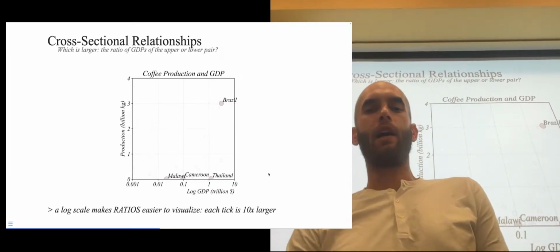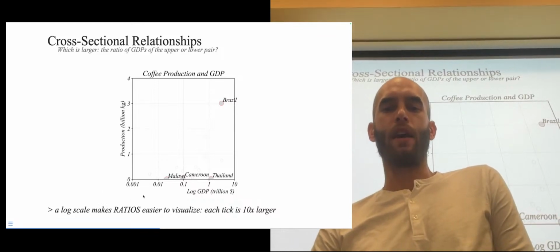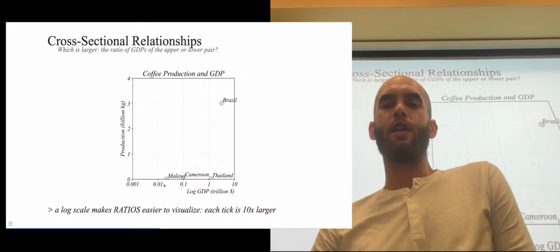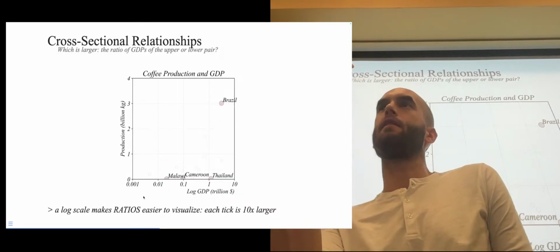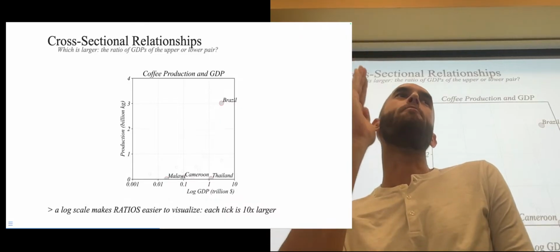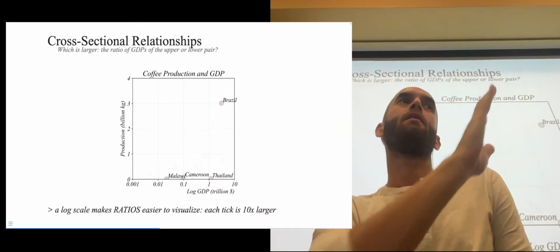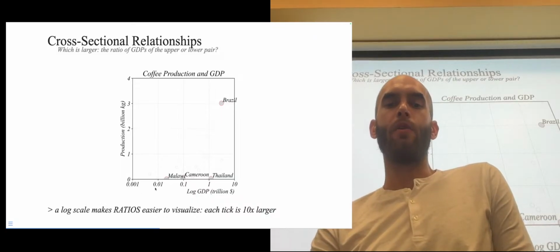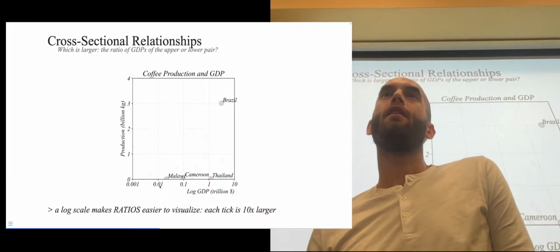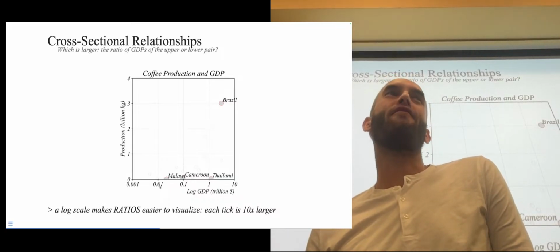What I'm doing here is setting up a log scale. So instead of having each tick represent an equal distance, each tick is multiplying by 10. So we go from this first tick to the second one, increasing GDP by a factor of 10.